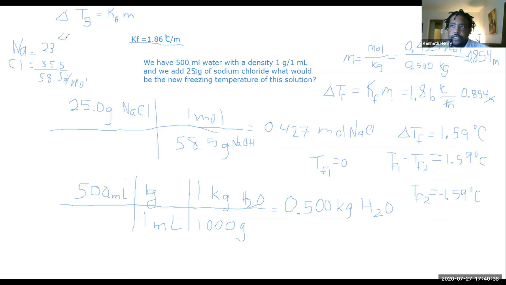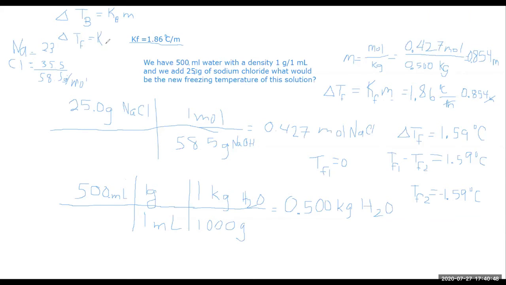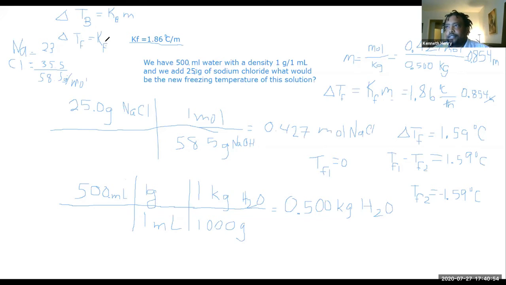And then for your freezing temperature, it's going to be delta TF is equal to your constant KF times your molality. Okay? And again, these values are going to be given to you. Usually it's a table. You'll have something for water, or something for alcohol, or something along those lines, depending on what you're working with.